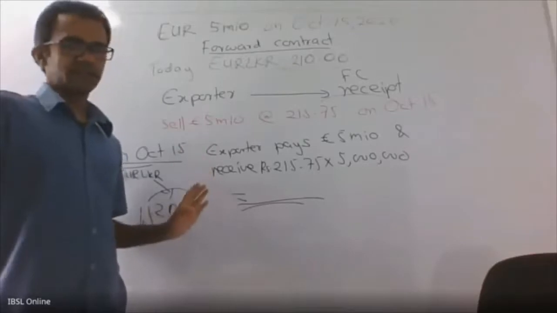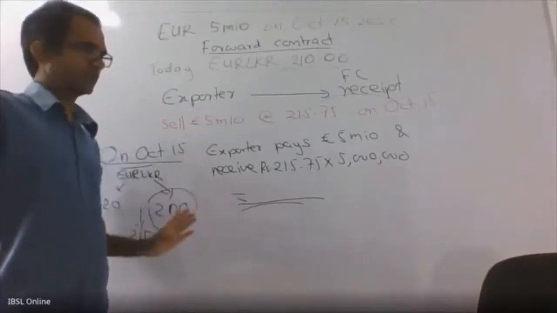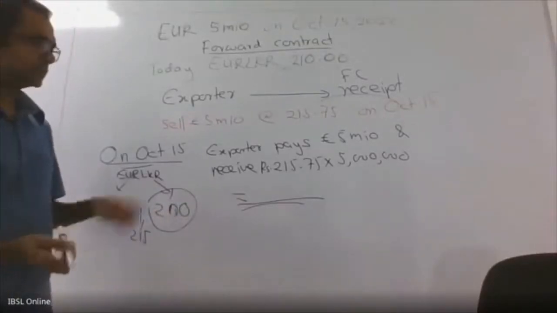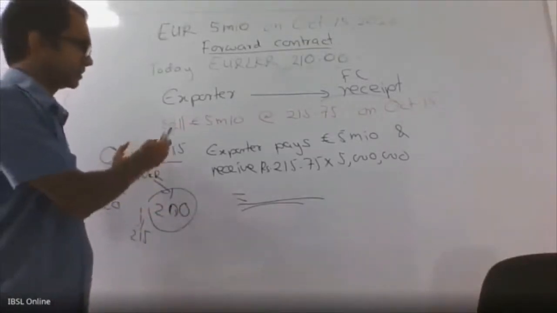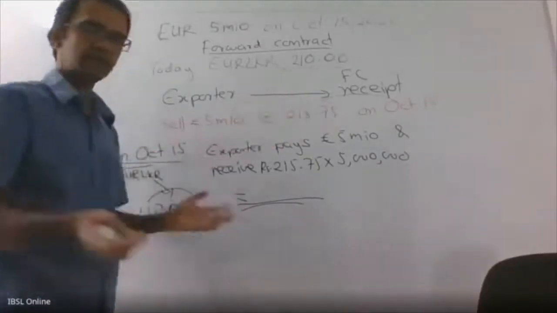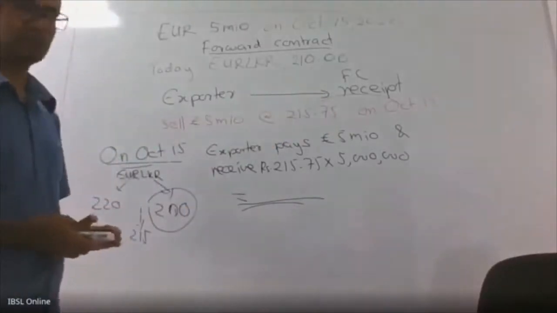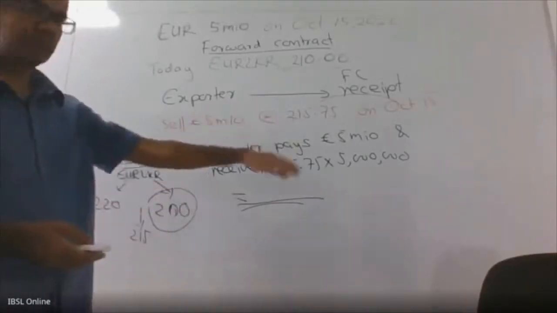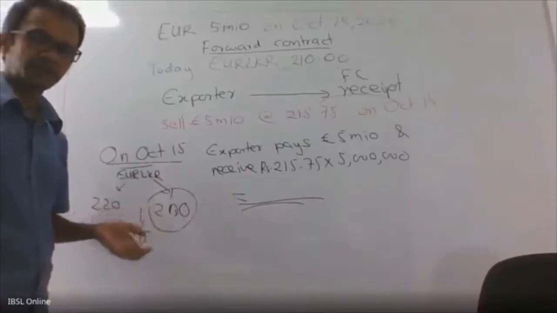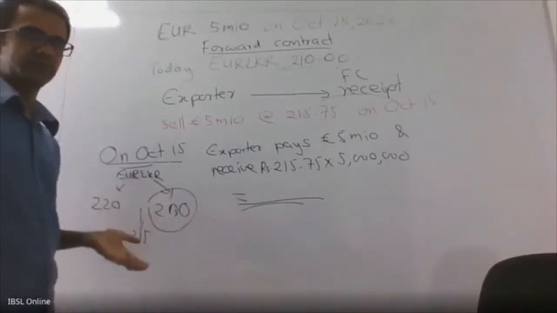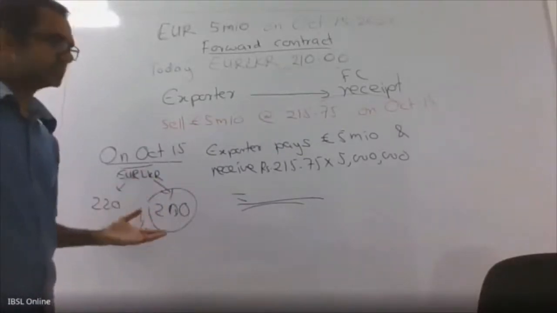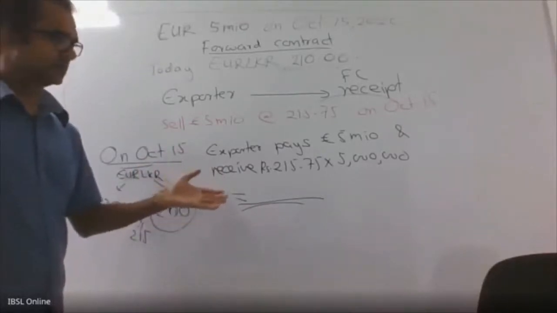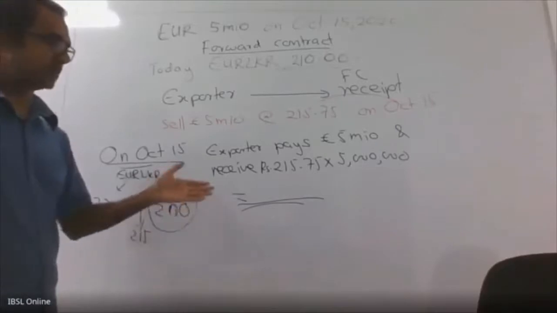This is the risk in forward transactions: counterparty risk. Because between the time you enter into the transaction and you settle, there's a 3-month period. You never know at the end of 3 months whether the other party will exist, or even if they exist, whether they will meet their obligations.